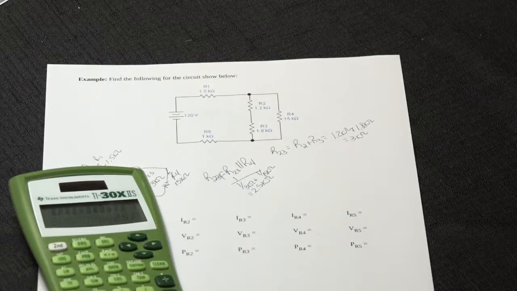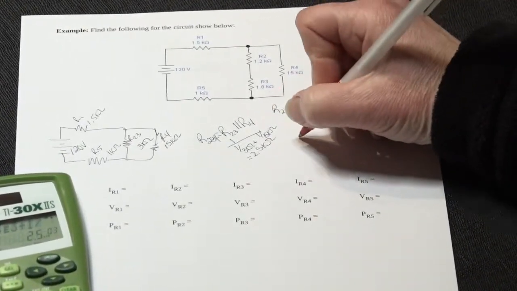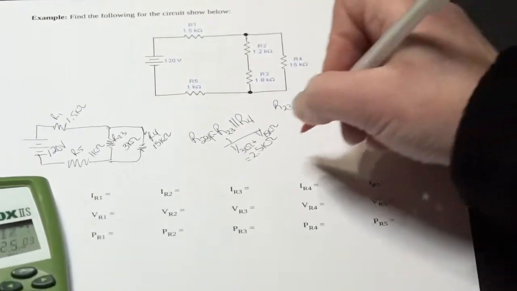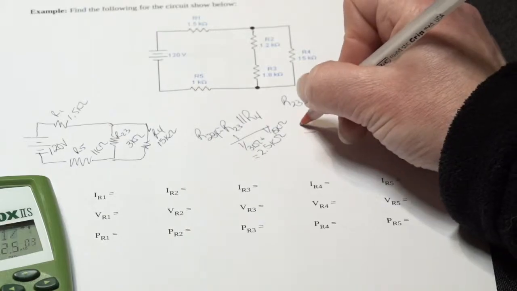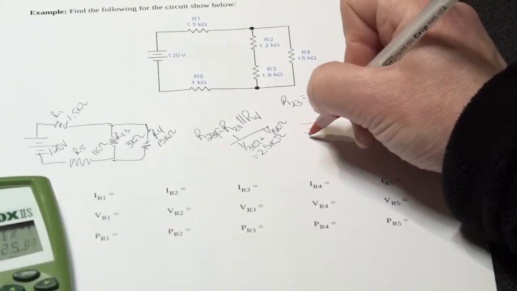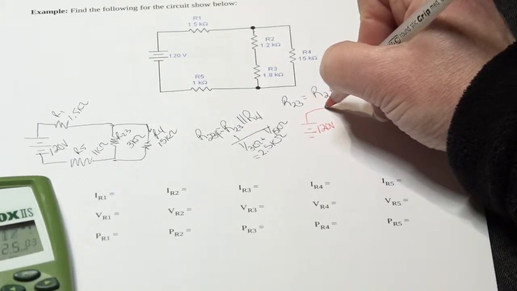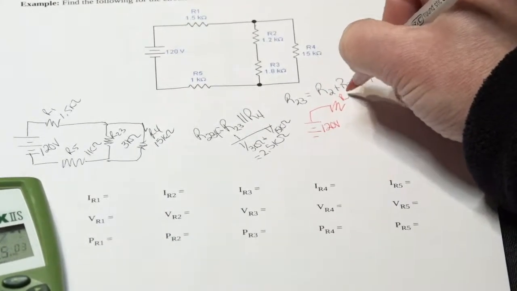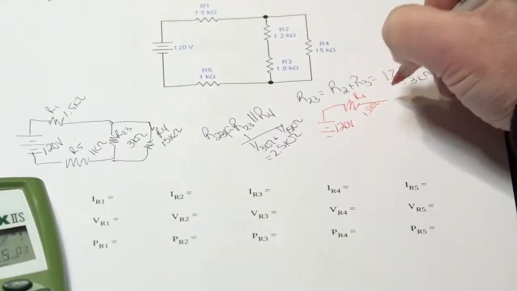So we're going to redraw our circuit here. So we've got our 120 volts, R1, which is 1.5 k ohms.